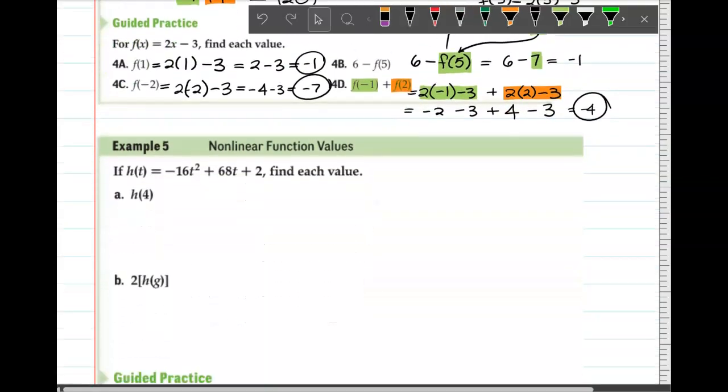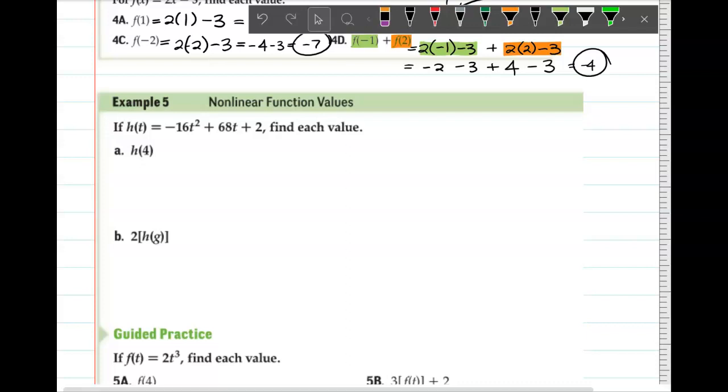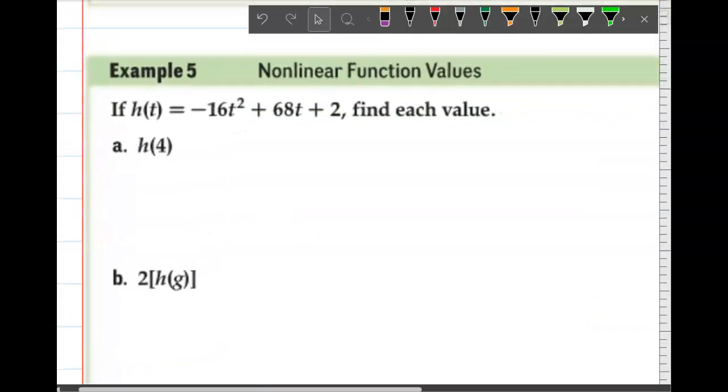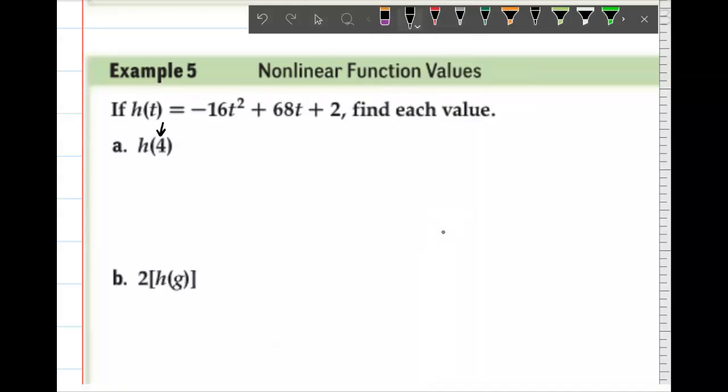We can also plug values of x into functions that aren't linear, because back in Unit 3 we learned all about quadratic functions. So we can simply substitute this x value right into our equation for t, because we've changed the t into a 4.